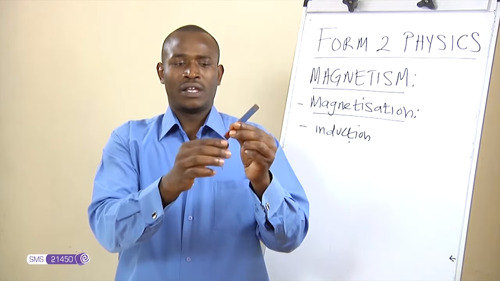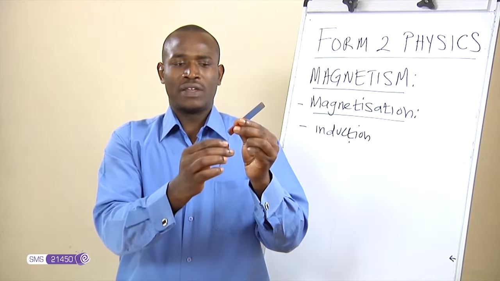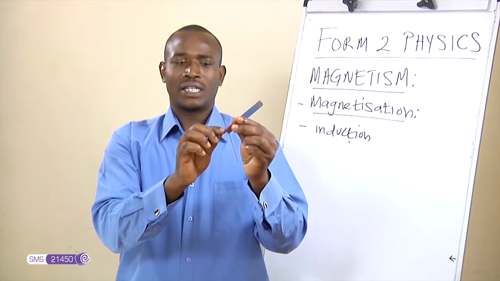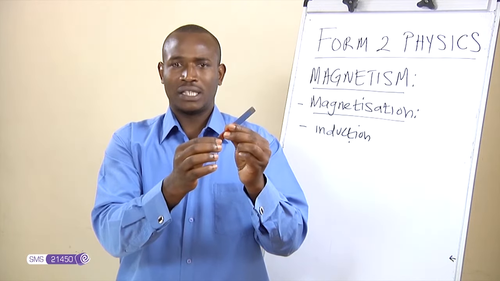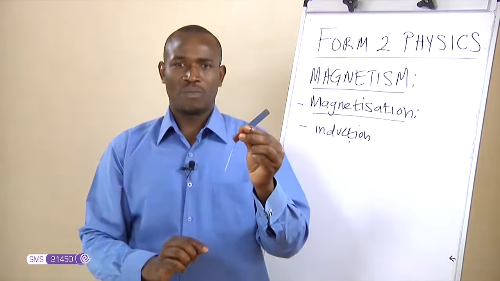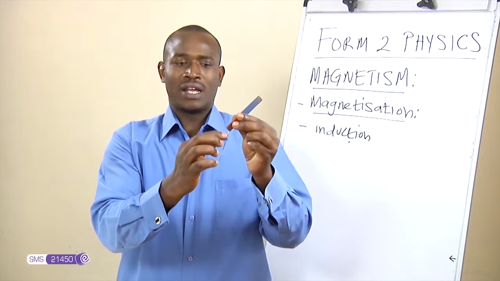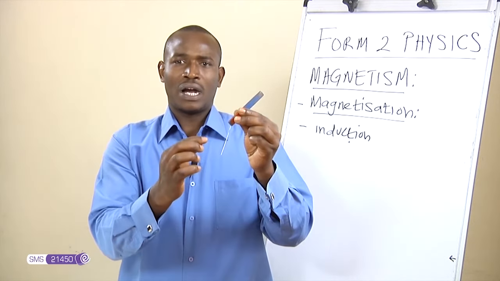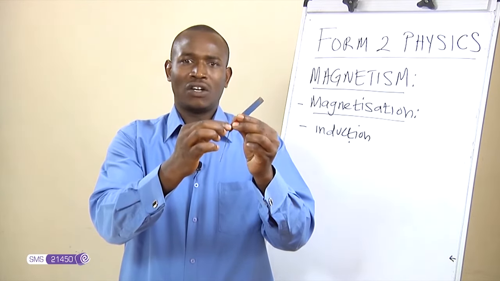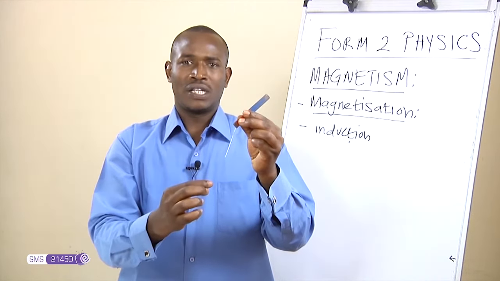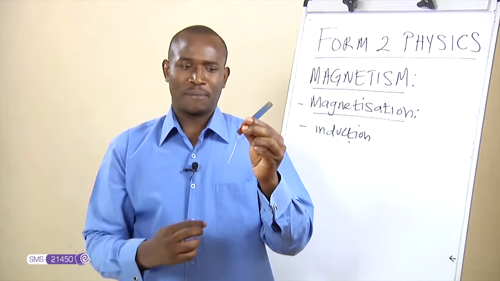Which means, if this is the north pole, this edge of the pin, which is attached to the north pole, acquires a south polarity. Therefore, it becomes a south pole. Which means the lower edge of the pin will acquire a similar polarity to the polarity of the magnet being used in the process of magnetizing.